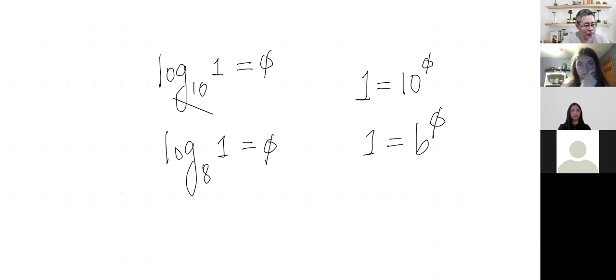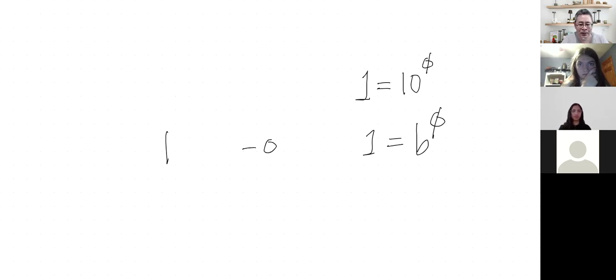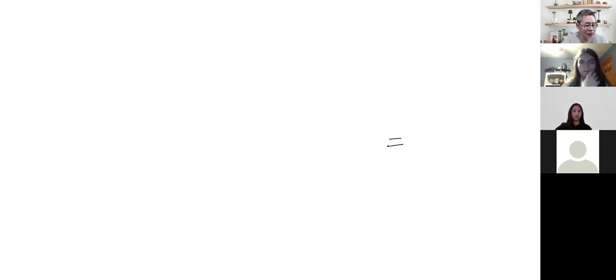So now we're going to look at some rules. I am going to use just the natural log to write out the rules, and that applies to any log. Let's say we use common log.